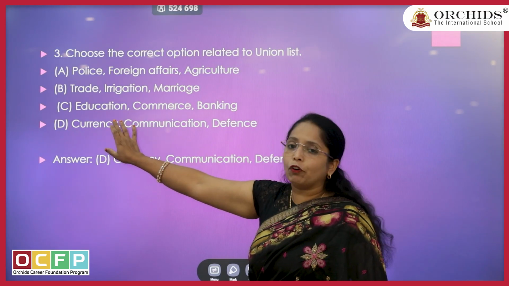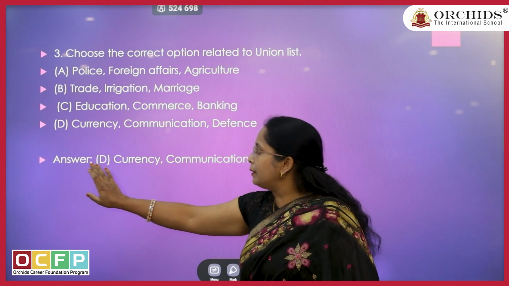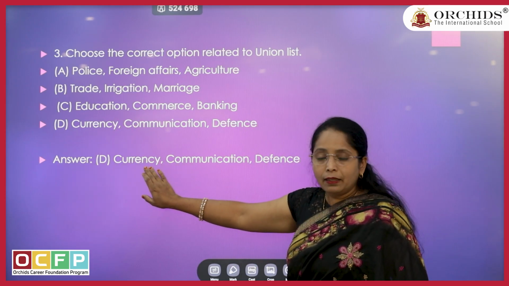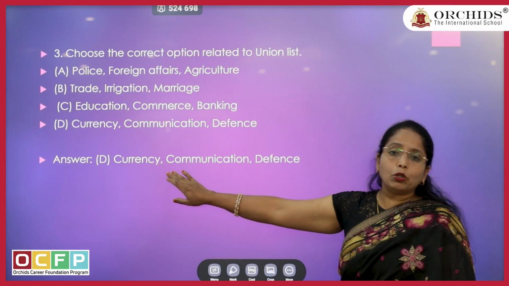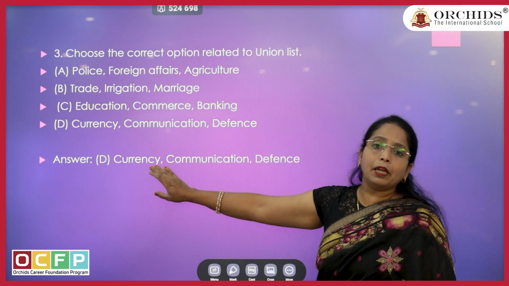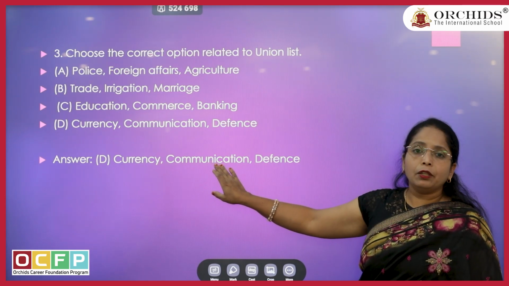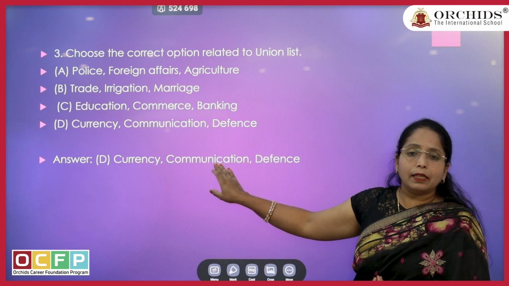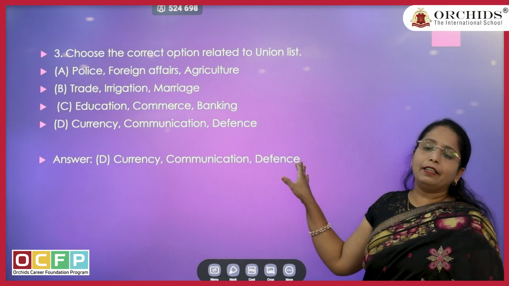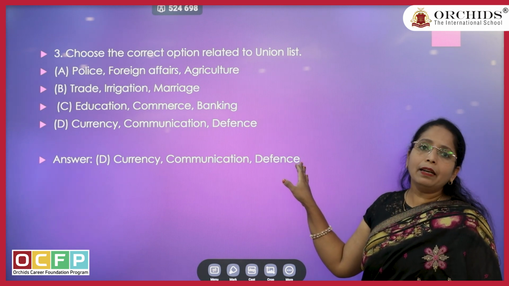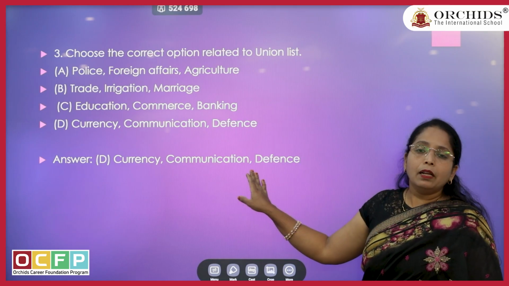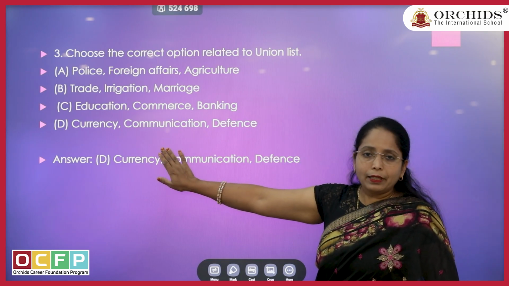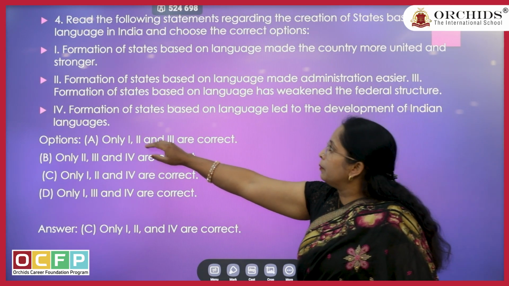Now, among these four options, we can choose the answer D, that is currency. Currency notes, coins, printing and all come under the union government. Communication, information technology, broadcasting and all come under the union government. Then the defense, army, navy and air force come under the union government. Clear about it? Let us go to the next question.